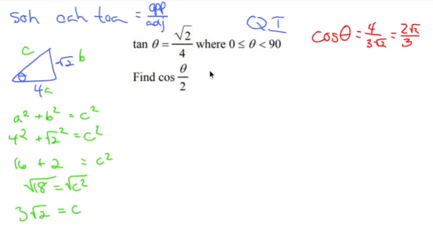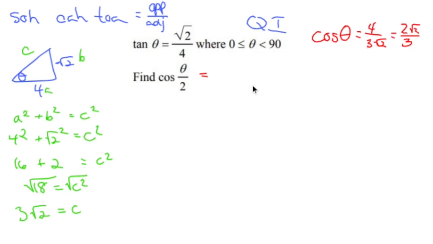Great. I have to find cos theta over 2, so that requires a half-angle formula. So the way I set this up is I'm going to use the half-angle formula, and instead of cos theta, I'm going to replace it with 2 root 2 over 3.